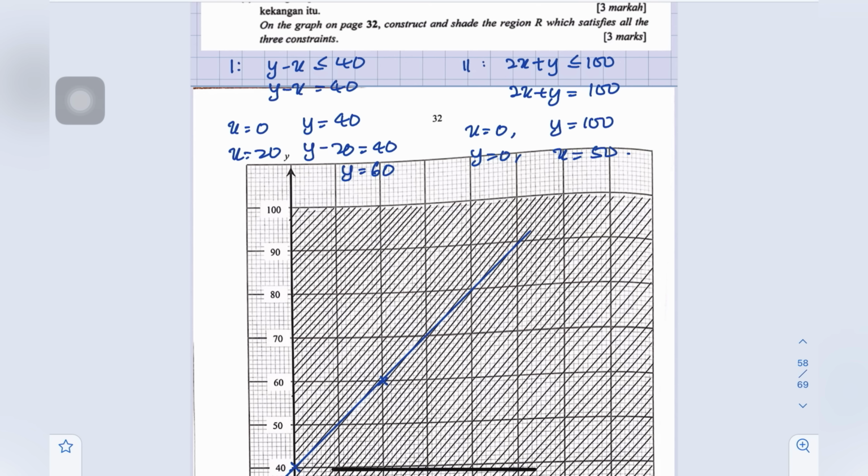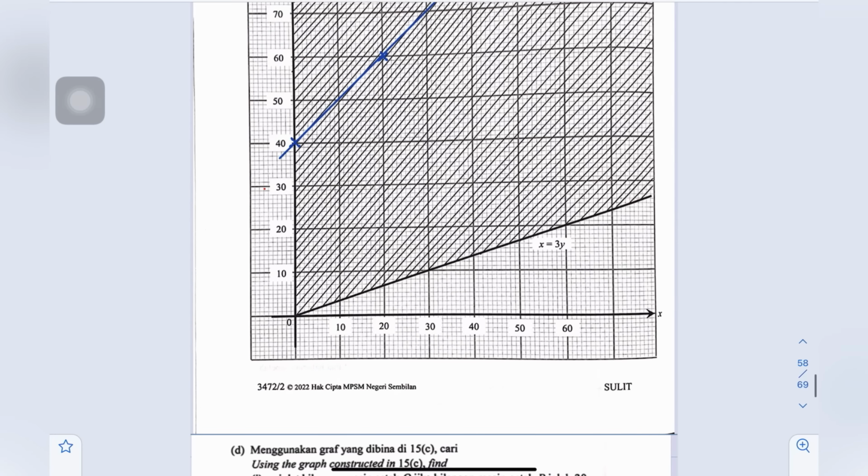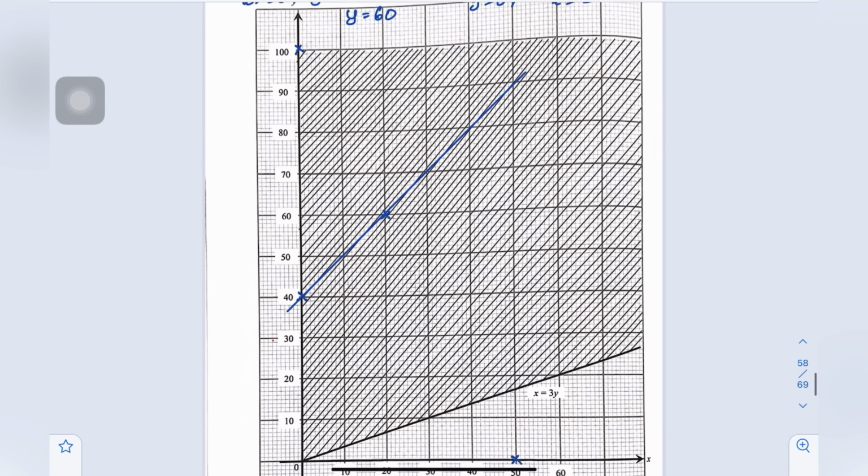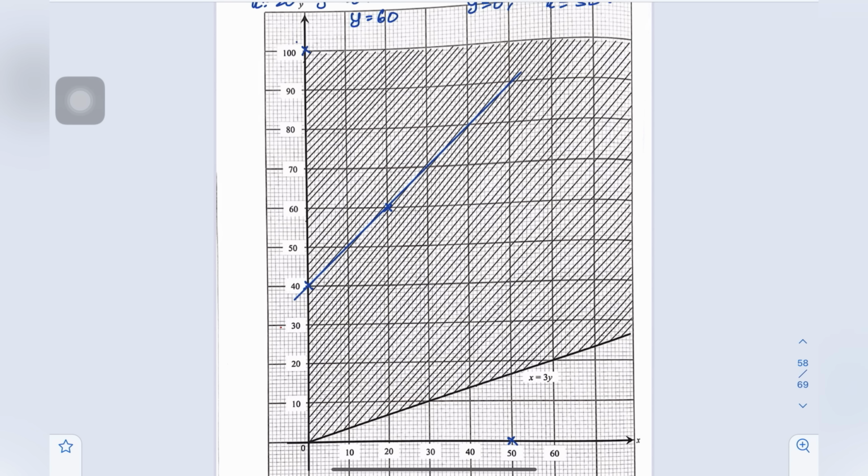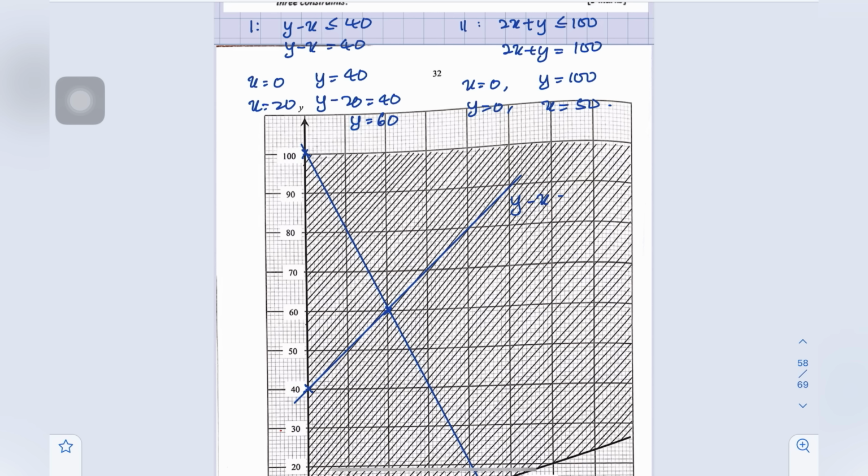So (0, 100) is right here. (50, 0) is here. Okay, so then we join the two points like this. So the shaded region is for the equation y minus x equals 40, and this one the equation 2x plus y equals 100.